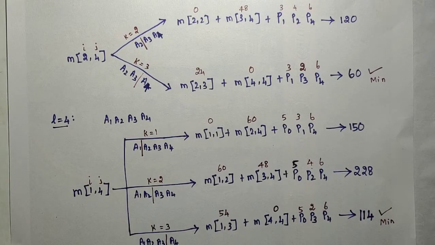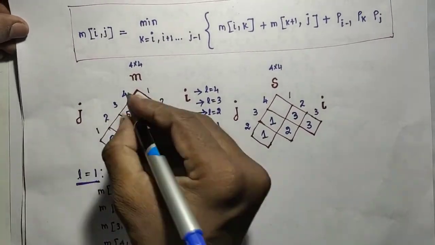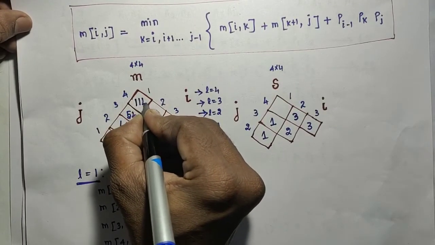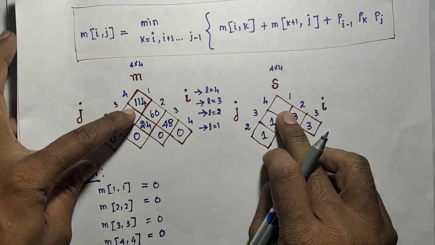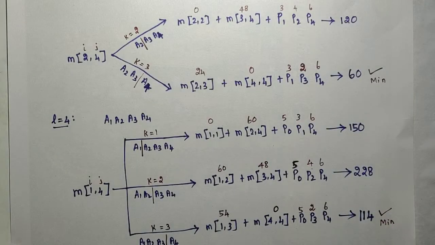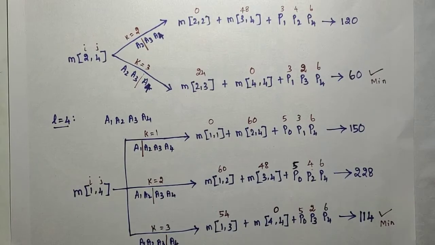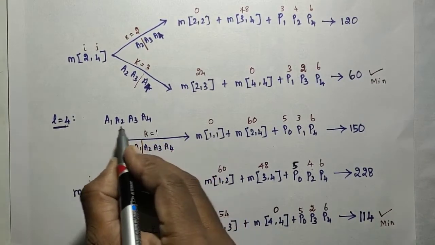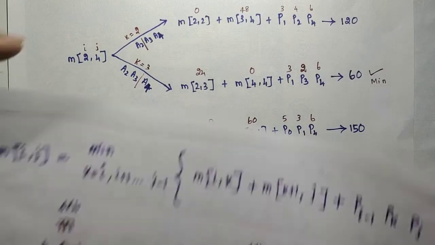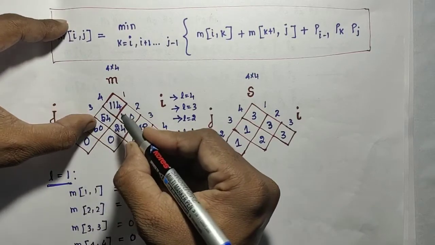So the minimum multiplication needed is stored as 114, and the corresponding k position, k equal to 3, we have to store. We get 114 if the split occurs at 3, so that is stored here. Now we have completed the algorithm up to L equal to 4. Finally what we wanted to find is this one, which we got. This algorithm will return only the value stored in 1 comma 4, and that will be returned as the result from the algorithm.